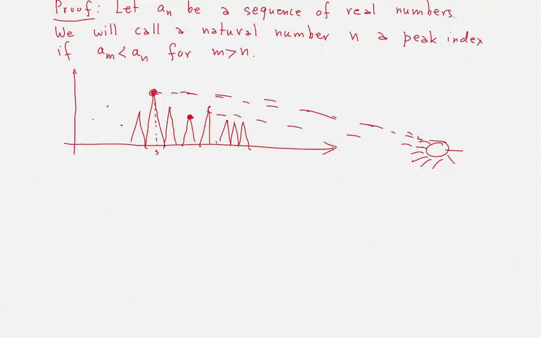Case 1, suppose there are finitely many peak indices for (a_n).